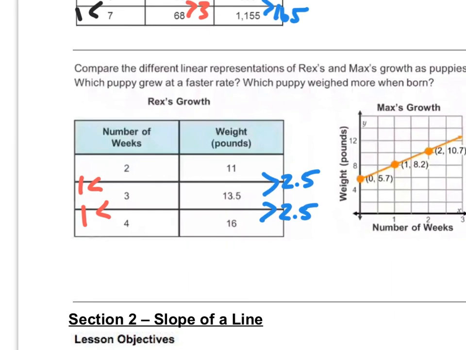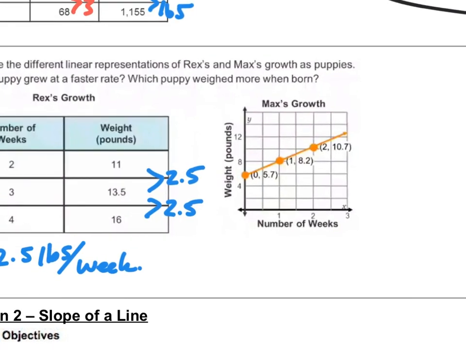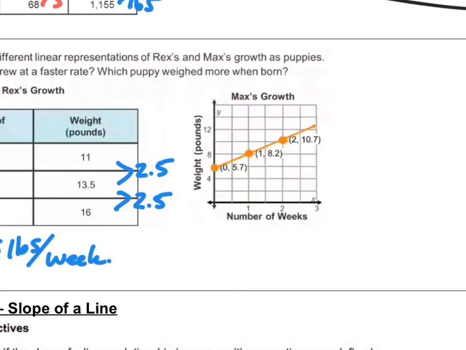So on this example, this is 2.5 pounds per week, okay? That's the rate for Rex's growth. Now let's look over here. And so, all right, here I'm going to go up, oh dear. All right, I'm going to draw a little triangle here, see if this works. I'm going to go up 8.2 minus 5.7.